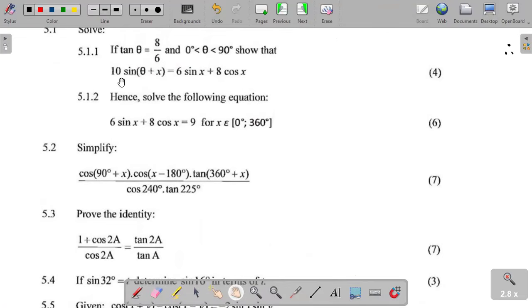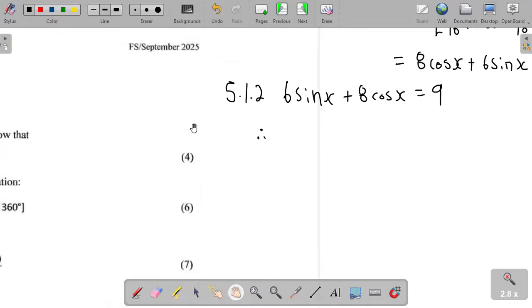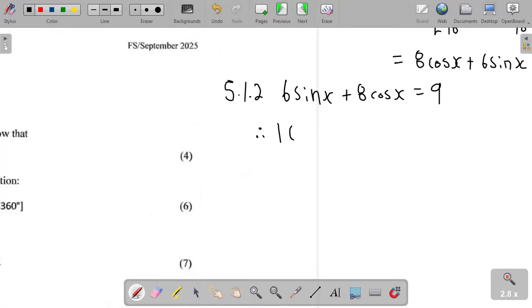It means therefore we can say 10 sin(θ + x) equals 9.